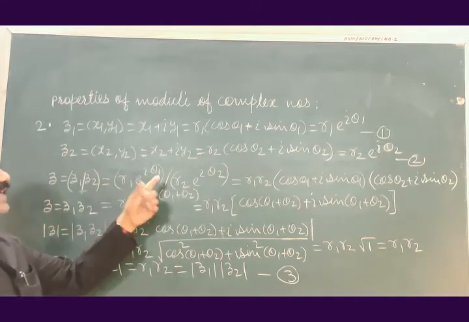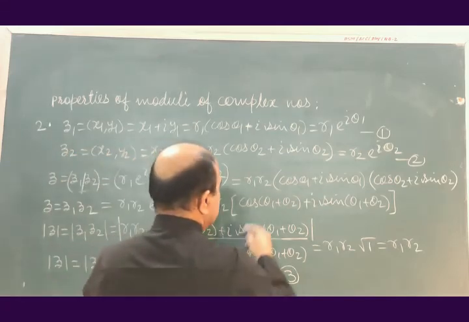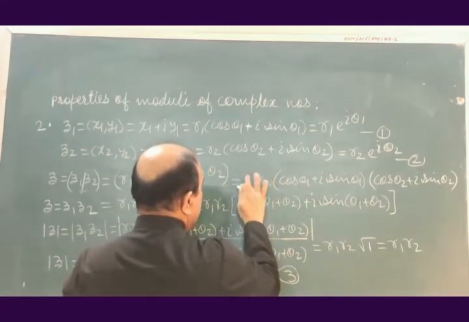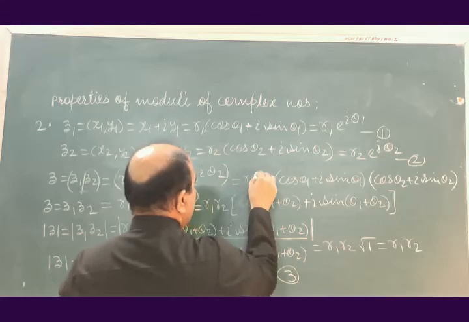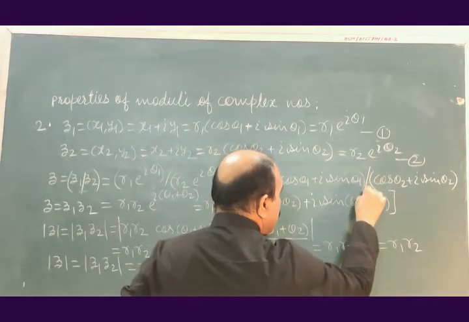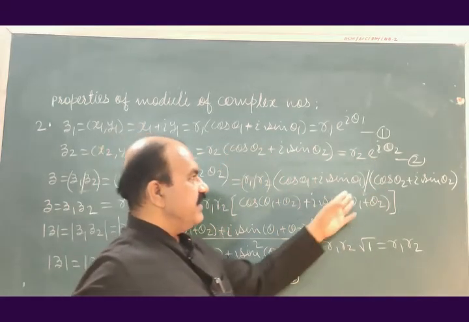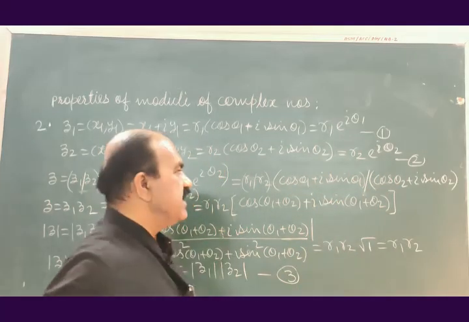r1 e to the power i theta 1 divided by r2 e to the power i theta 2. This will be r1 divided by r2 into cos theta 1 plus i sin theta 1 divided by cos theta 2 plus i sin theta 2.